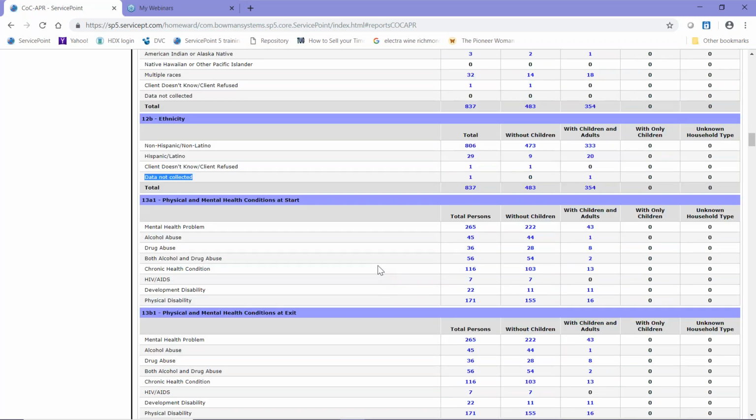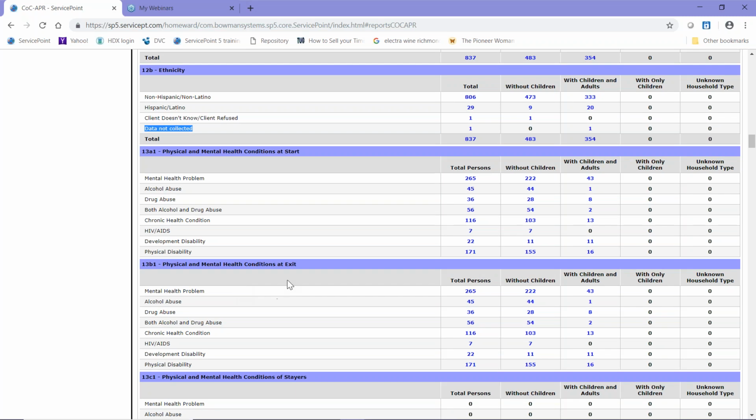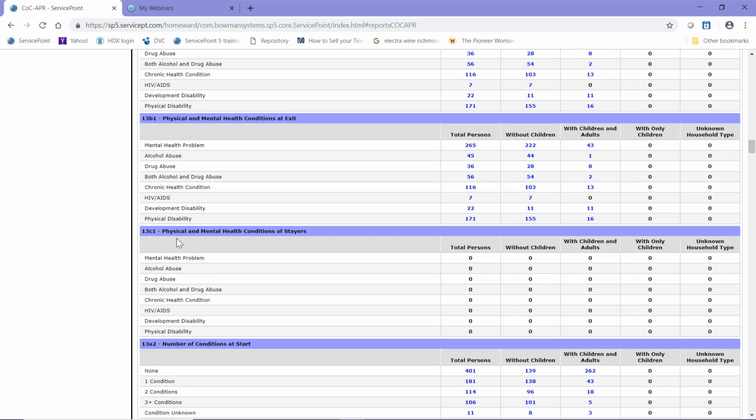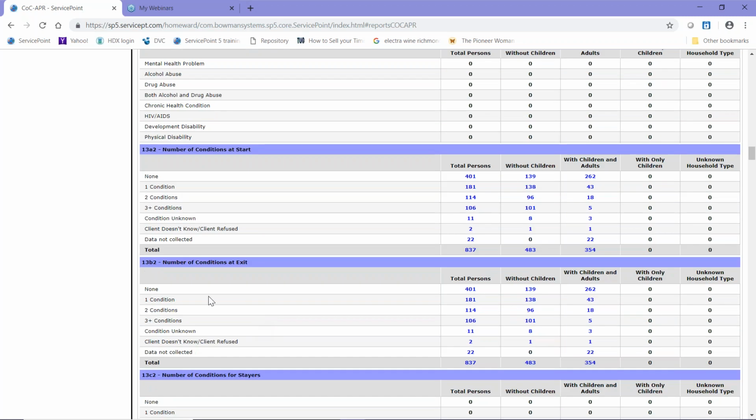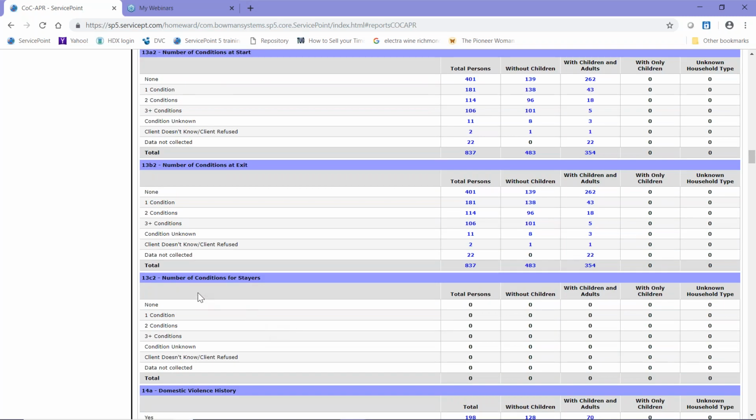We now have question 13, which relates to our disabilities. So physical and mental health at start, physical and mental health at exit, physical and mental health of people who are still in our project, stayers, number of conditions when they entered our project, and number of conditions when they exit our project, number of conditions of people who are still in our project.